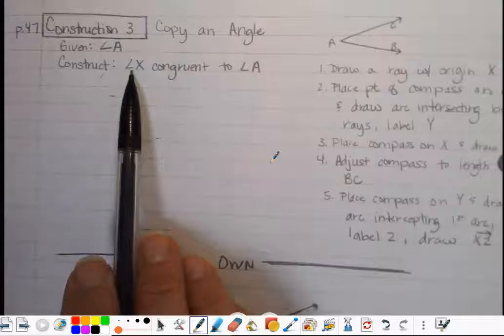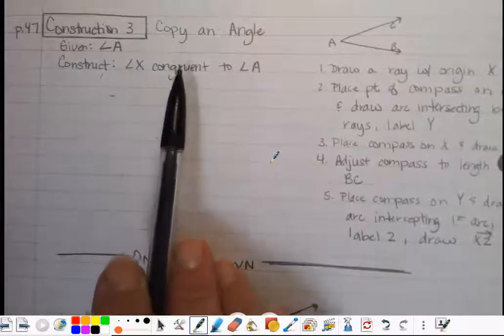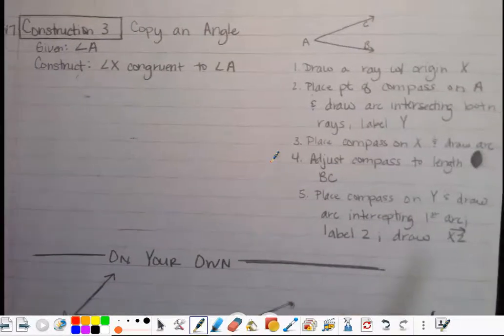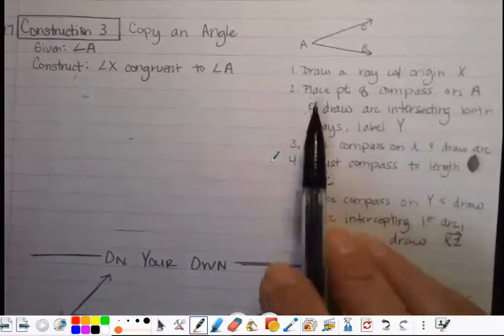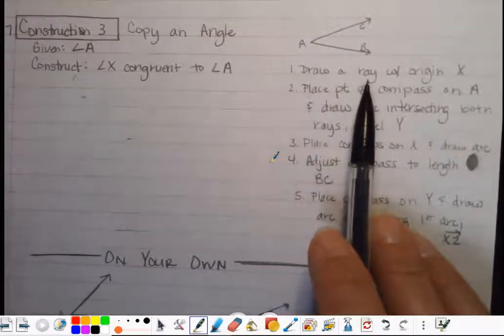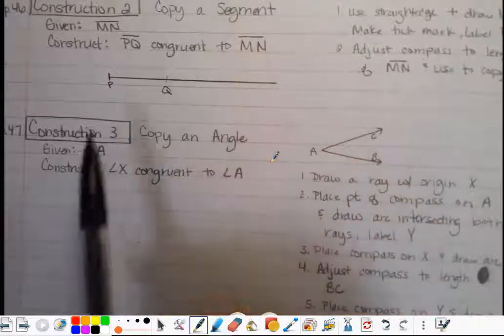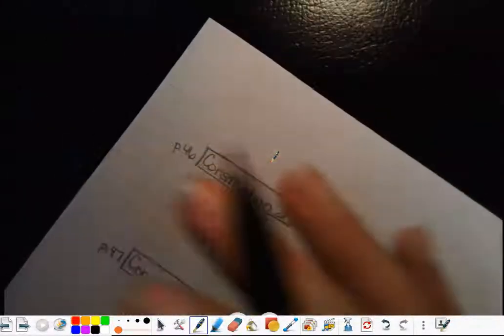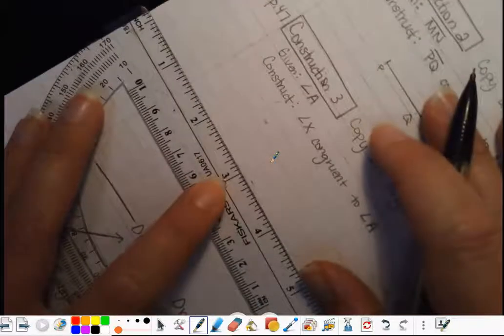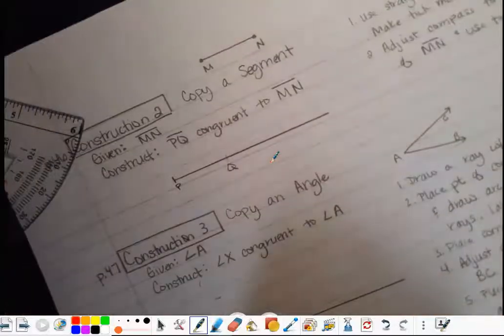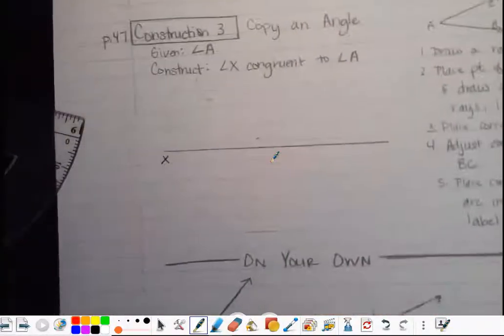Construct angle X congruent to angle A. We're copying it. So we're going to draw a ray with the origin of X. Just like we did on the segment, we're going to draw that line. Should we make it straight? Yep, straight line. And X is my origin.